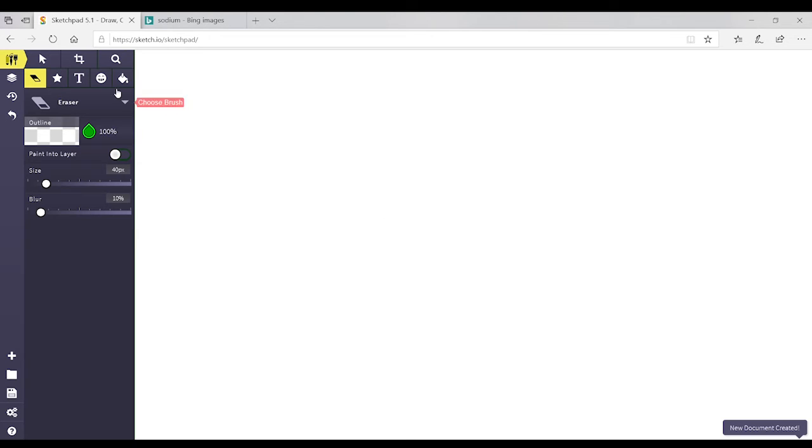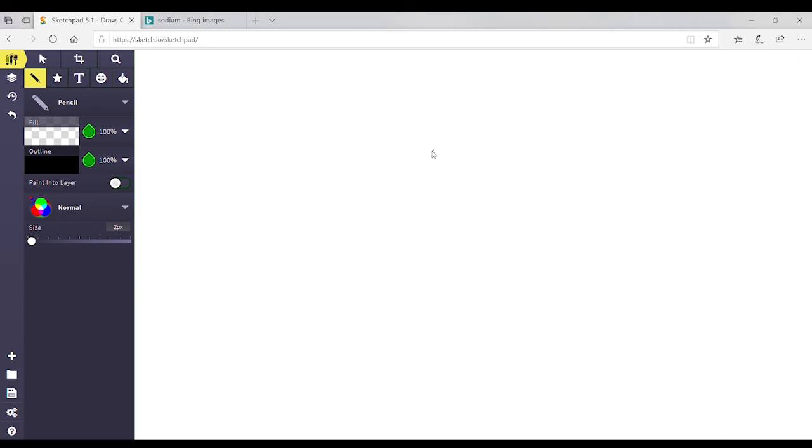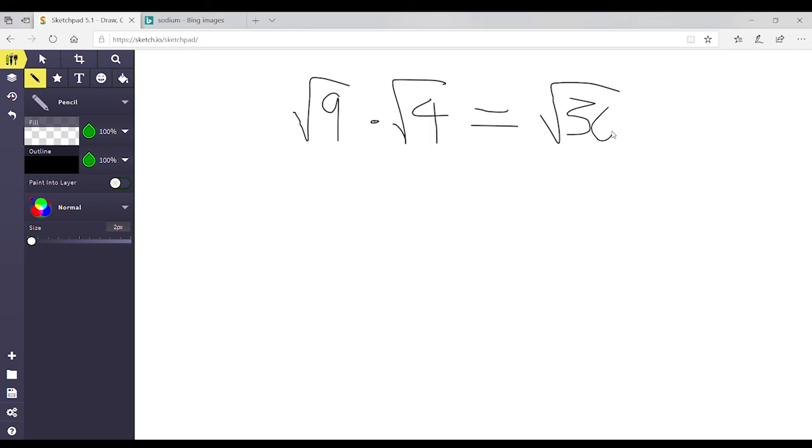So we know that the square root of 9 times the square root of 4 equals the square root of 36. Now that's basically saying 9 divided by 3 times 4 divided by 2 equals 36 divided by 6.